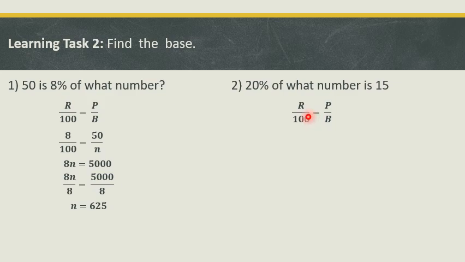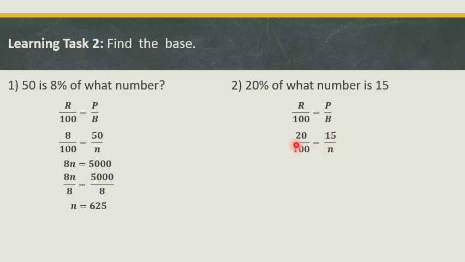Then, number 2, we have 20% of what number is 15. Of what number? So, nawawala is base natin. So, 20% ng ano? Ang 15. So, ang rate natin is 20%. Ang 15 is our percentage. So, nawawala is our base.